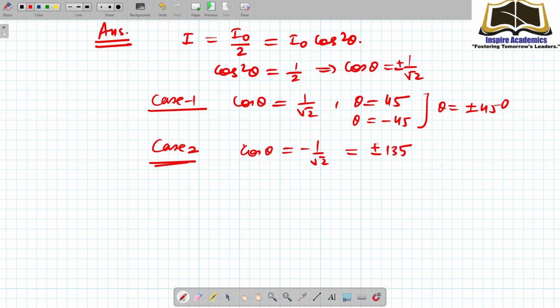Is this clear or not? So our answer is theta is either plus minus 45 degree or plus minus 135 degree. Let us do one more question. Are you learning the application?